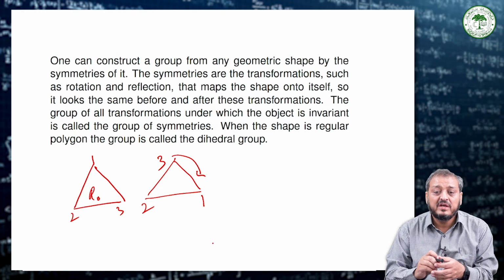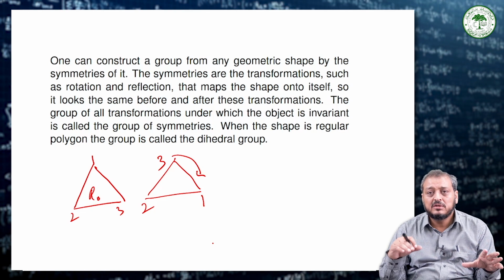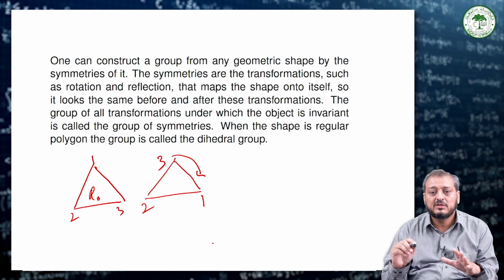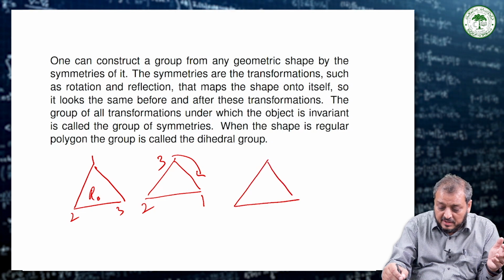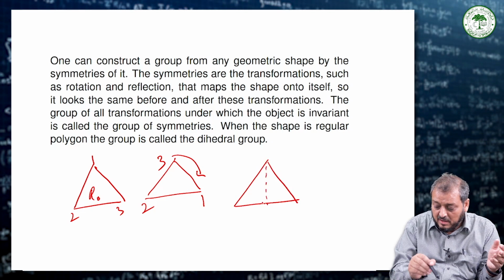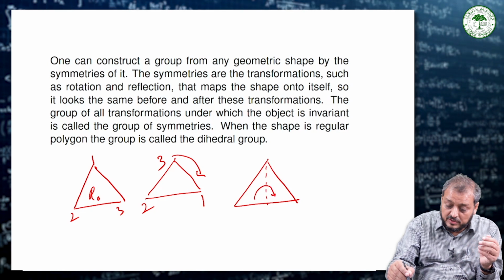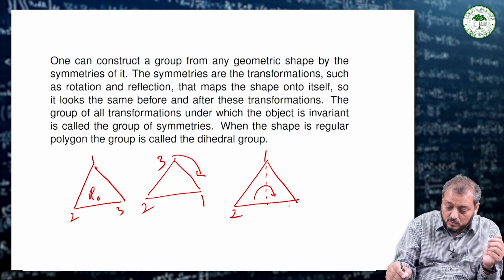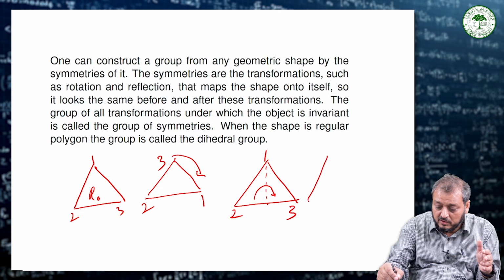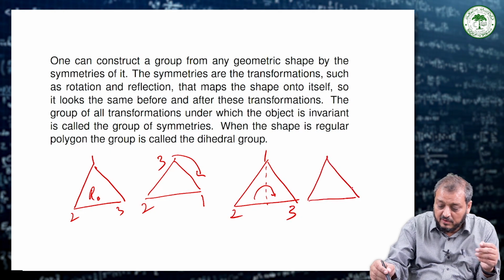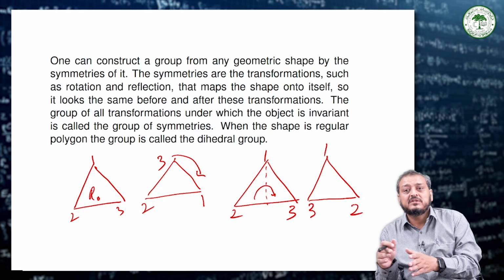So simply we can say that for any geometrical figure, we apply rotations or reflections. Suppose we reflect the triangle: 1, 2, 3 becomes 1, 3, 2 after the reflection, and the shape remains the same.